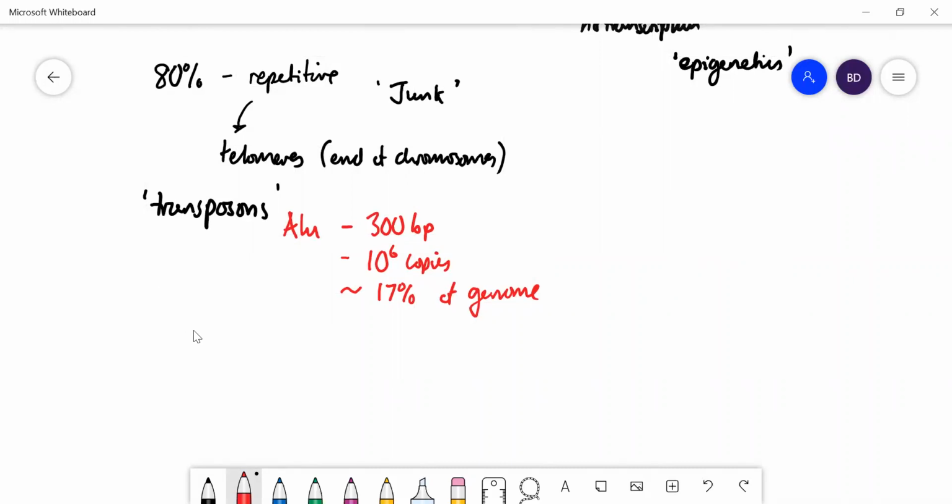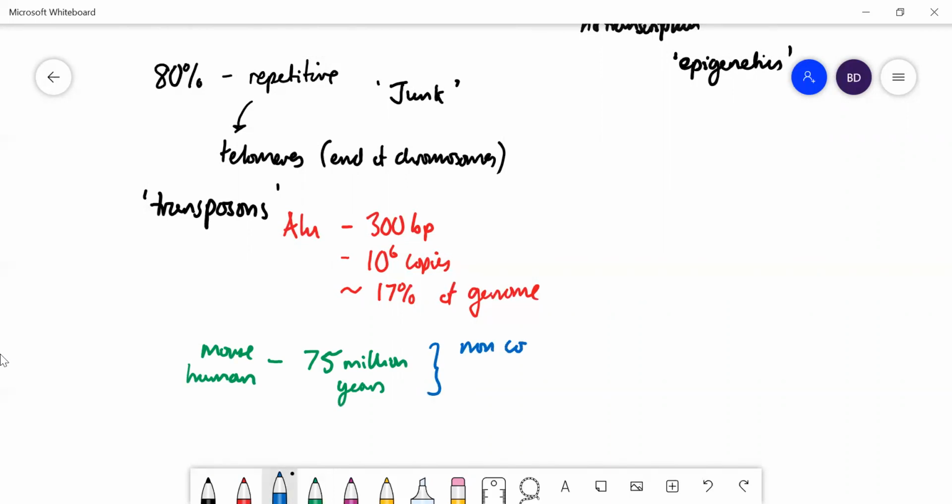Just to finish off, there's quite a good argument that the non-coding stuff does have a function. If you think about a mouse and a human being, we've obviously got the same common ancestor. We diverged about 75 million years ago. So that's a lot of time for evolution to occur in that period. But if you look at the non-coding regions, we are about 80% the same.